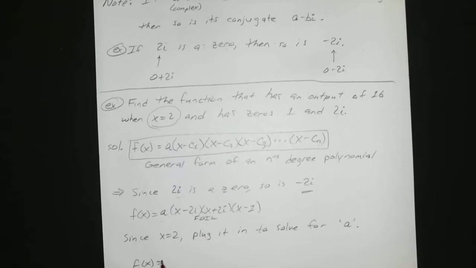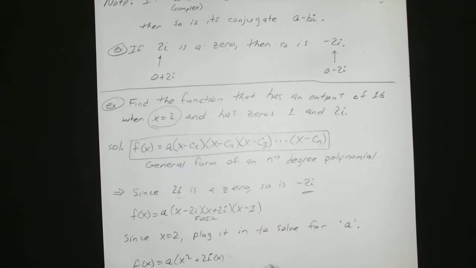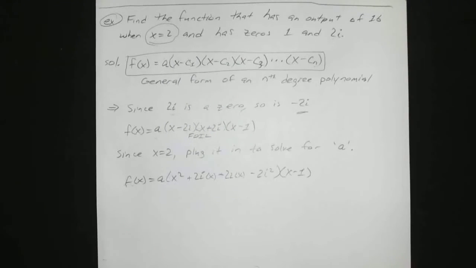That gives you x squared plus outer, plus x times 2i, minus x times 2i. And your last is minus 2i times 2i, which is minus 4 i squared, times x minus 1.